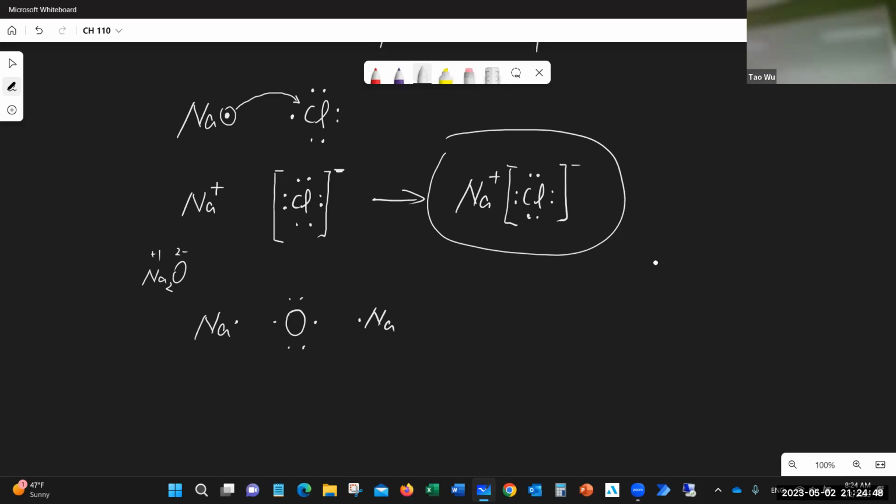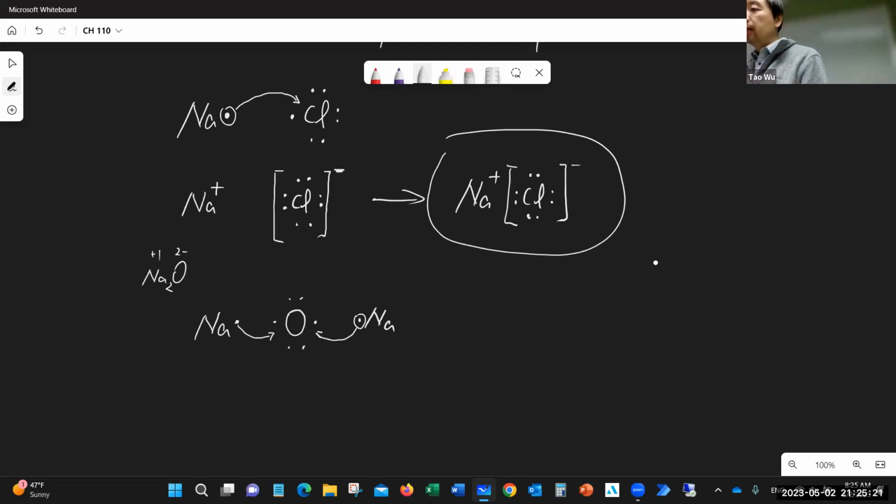If they have single dots, they actively look for pairs to make lone pairs. So this dot is going to be given to the oxygen over here to make a pair, and this dot is also going to be given here to make another pair. So the oxygen will have 8 electrons and be fully packed.